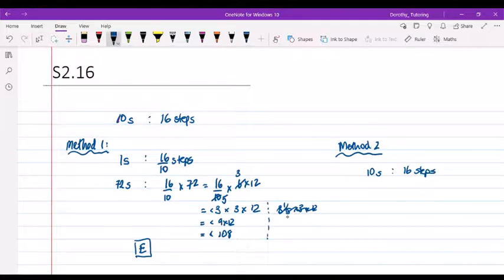So 10 seconds, someone walks 16 steps. 72 seconds is the same as 70 plus 2. That's the same as 7 times 10 plus 10 divided by 5. And I'll correct that in a minute.